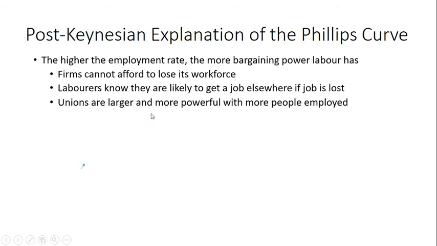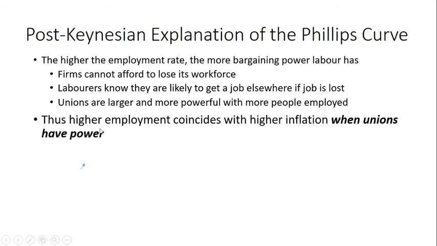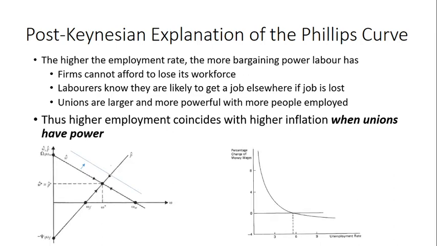And unions are larger and more powerful with more people employed. Yeah? Thus, higher employment coincides with higher inflation. Typically, though, when unions have power, right? When labor is coordinated and organized, and we can see this graphically, where when there's a higher employment rate, this increase in bargaining power actually shifts the curve upwards.